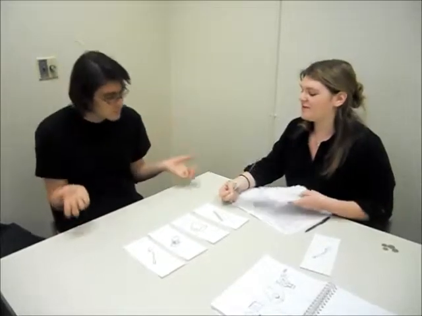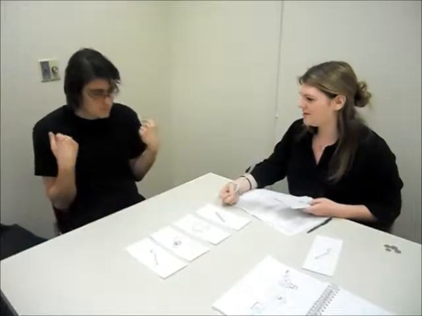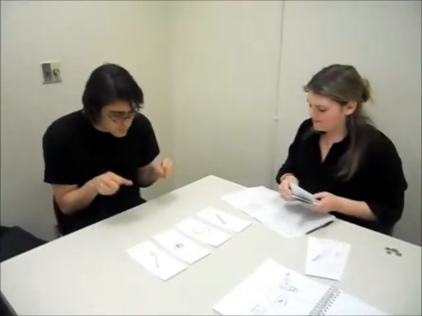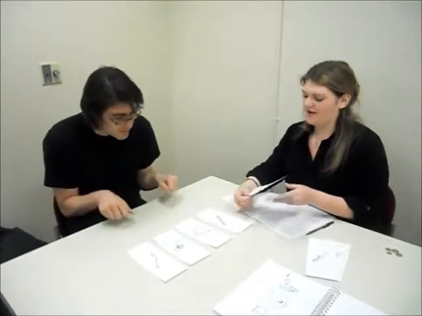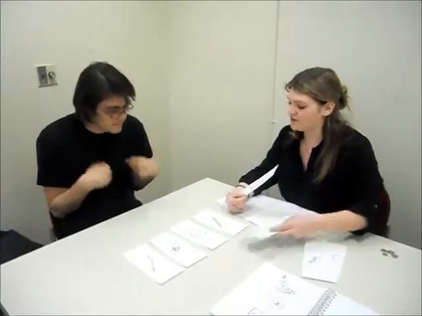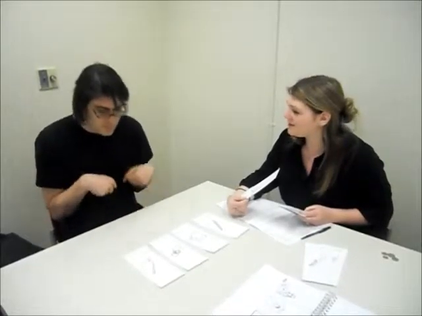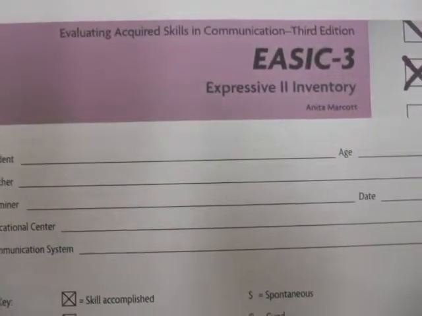Okay, so find the one that's the most different. Find the one that is different. They're all different. So what is this? Spoon. Okay. Is there a spoon in these cards? Right. Are they alike or are they different? They're different.